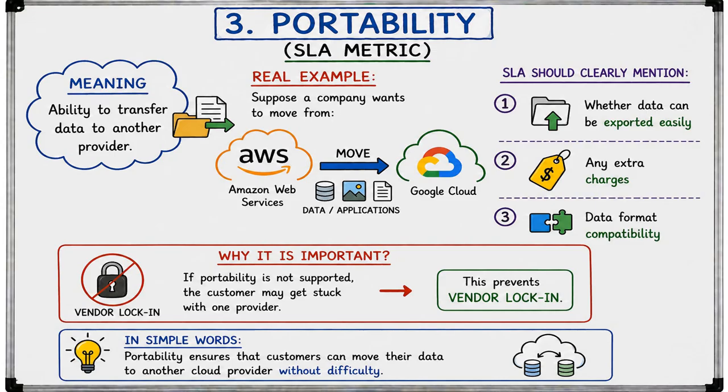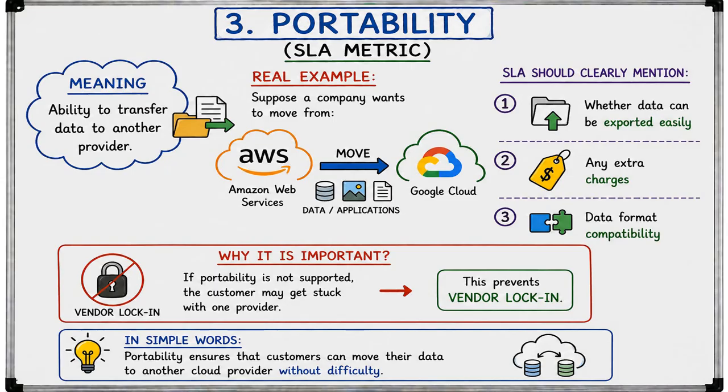For example, suppose a company wants to move from Amazon Web Services to Google Cloud. That is, the company is currently using Amazon Web Services and now wants to move to Google Cloud. This process of moving data and services is called portability. Now the SLA should clearly mention whether the data can be exported easily, that is, how easily the data can be downloaded or transferred.